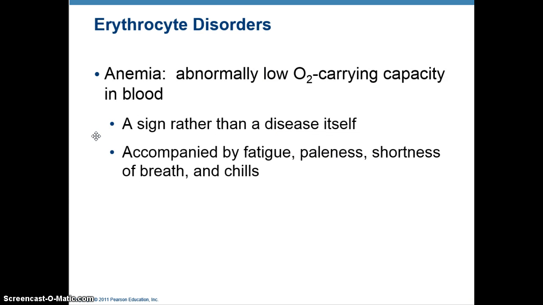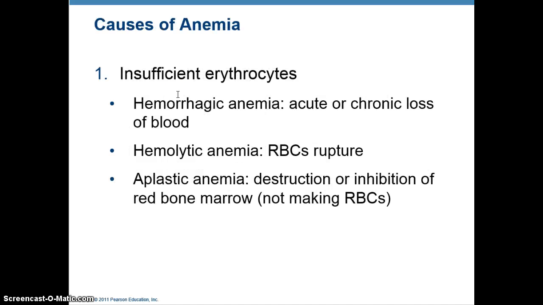Erythrocyte disorders. So things can go wrong with your erythrocytes, one of which is anemia. Anemia refers to, as it says here, low oxygen carrying capacity in the bloodstream. So it doesn't necessarily refer to the oxygen status, but the ability of the blood to carry oxygen. And there are a number of different things that can induce or cause anemia.